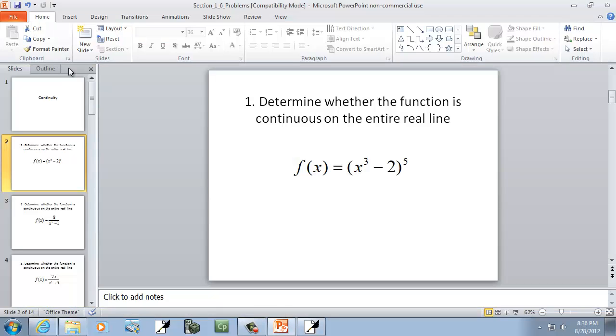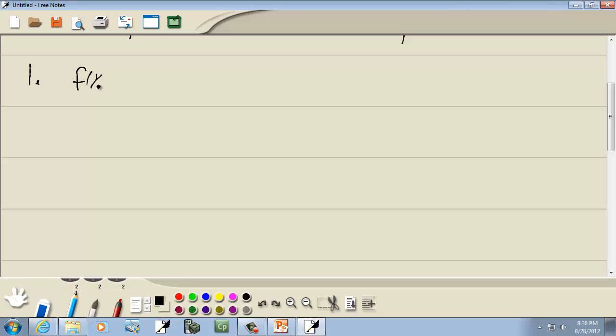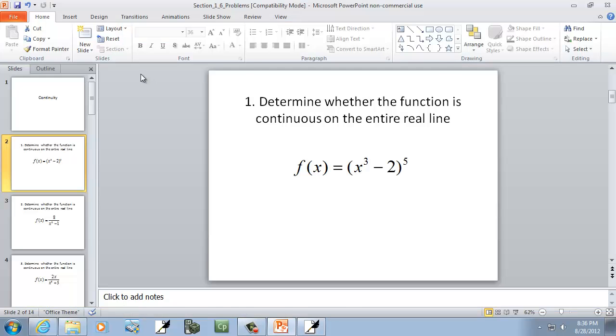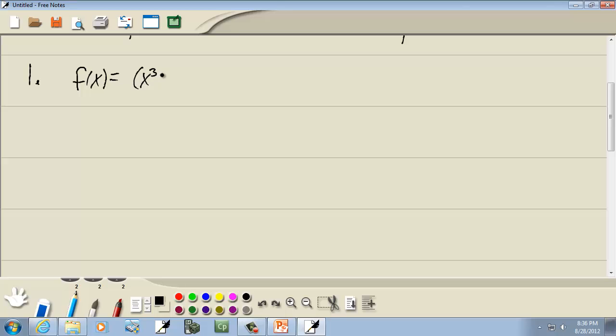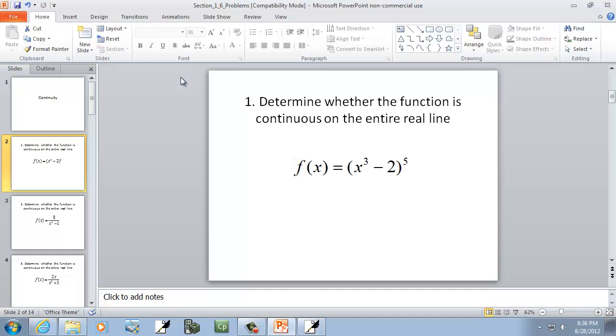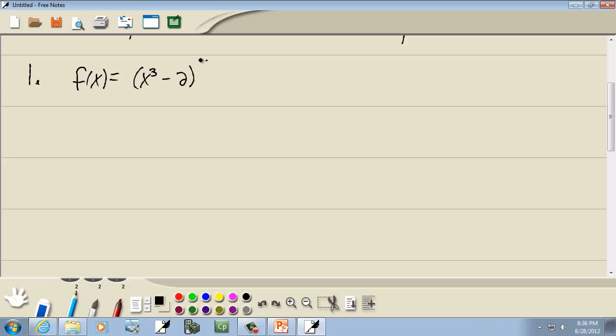It says determine whether the function is continuous on the entire real line. We have f of x equal to x to the third minus 2 to the fifth power.